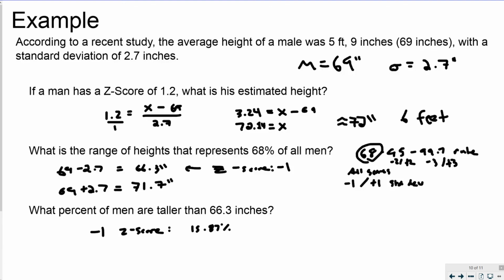And so what I can do then is say that that is approximately, because this is the percentile ranking, I'm going to do 100% of all men, take away the 15.87% that are not that tall, and 100 minus 15.87 gives me a total of 84.13%. So 84.13% of all men are taller than 66.3 inches in this scenario.